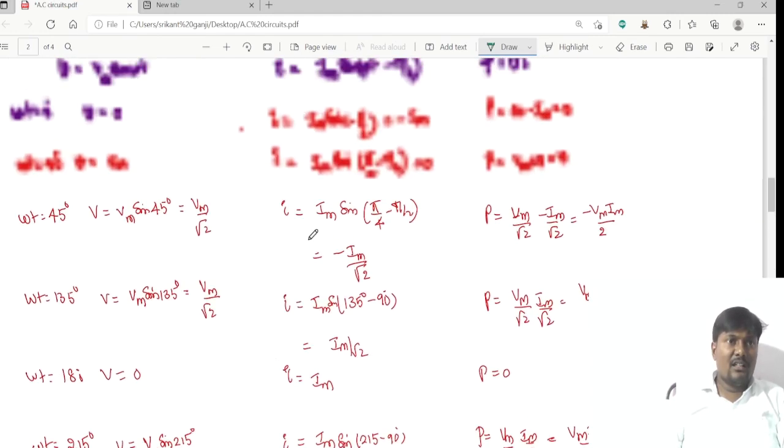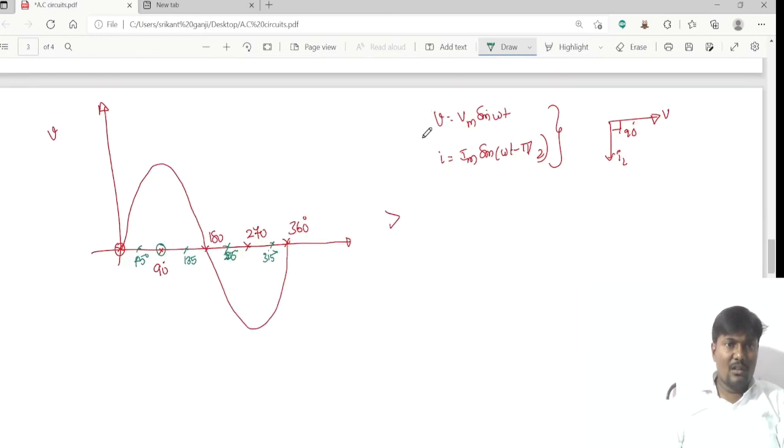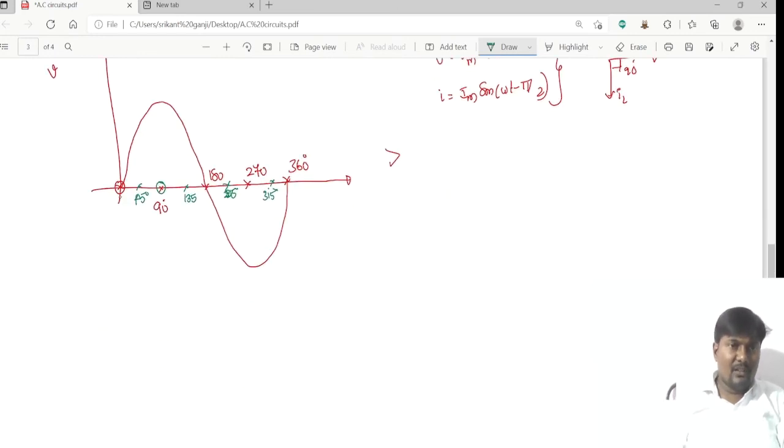See here, at omega t equal to 0, it will be minus I maximum. At omega t equal to 90, it will be 0. So this is a waveform of the current. Instantaneous value of the current waveform is like this.